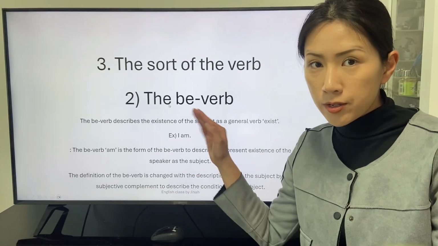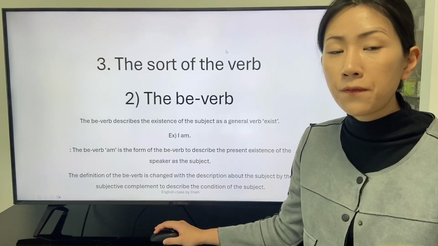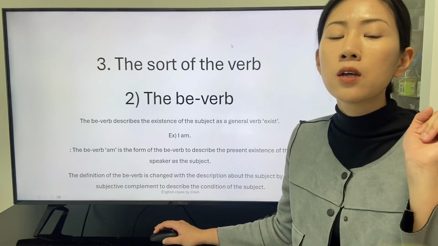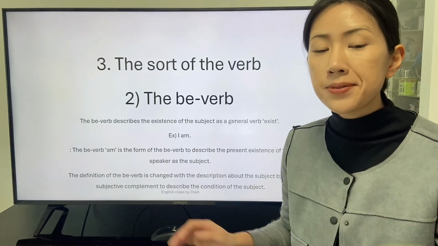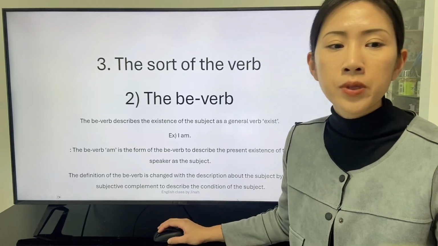For example, there is a clause, I am. The Be-verb am is one of the forms of the Be-verb to describe the present existence. In this clause, the Be-verb am describes the existence of the speaker, who is the subject.